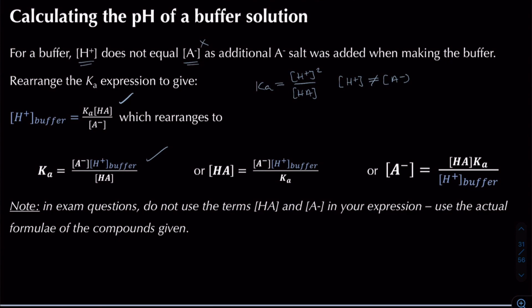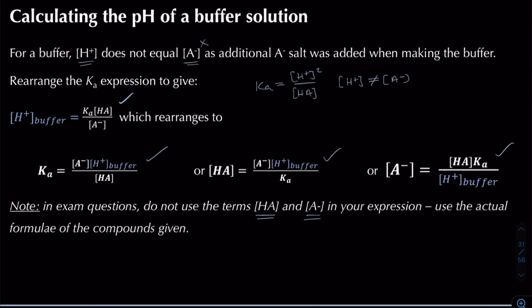We can also calculate a value for the concentration of the acid that we need, as well as the concentration of the conjugate base, the ethanoate ions for an example, that we need as well. Now, in exam questions, we don't actually use the terms concentration of HA or concentration of A minus. We always use the actual formula itself.